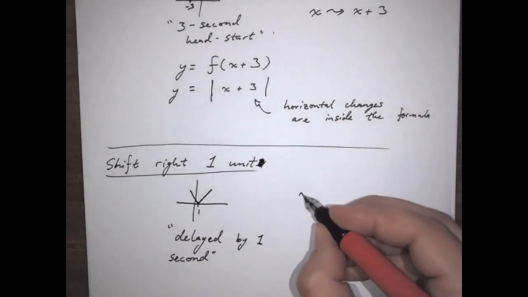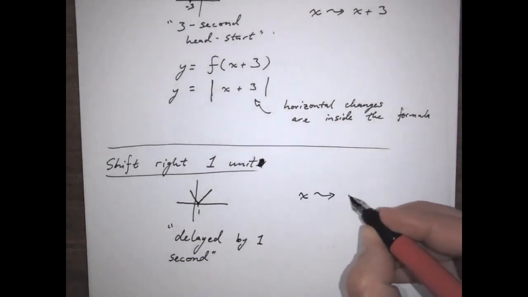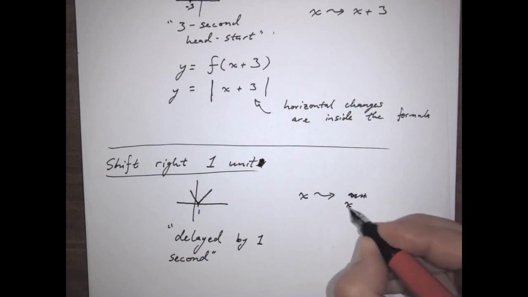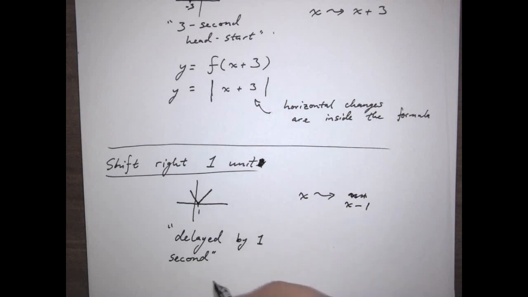So in other words, x has been replaced by x minus 1. So that means that y is equal to f of x minus 1. In other words, y is equal to, in this case, the absolute value of x minus 1.